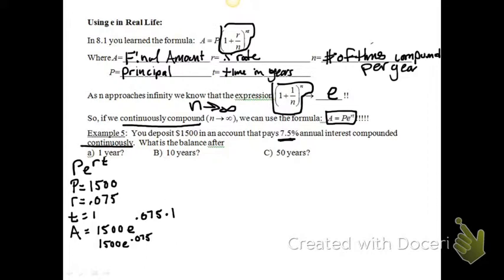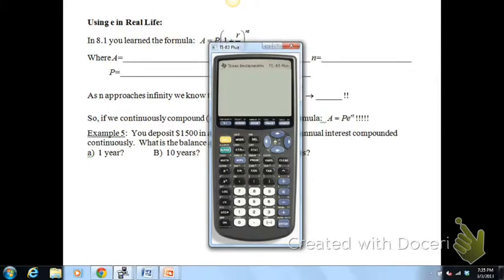So if we bring up our calculator, I'm going to type in 1,500, and then second ln to get e to the power, and I'm just going to do 0.075, and we'd have $1,616.83.